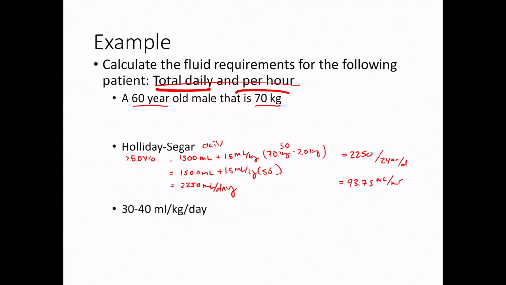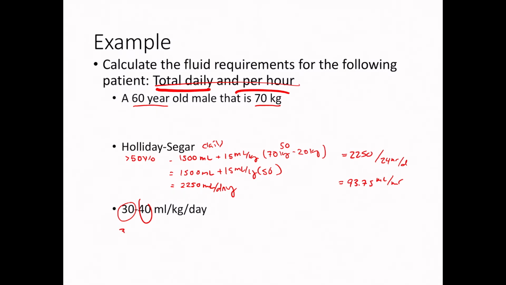Now, if I were to use the 30 to 40 milliliters per kilogram per day, in practice, I typically will either pick a middle value, do both of them and see what my range is, or pick a lower or higher value depending on some of those factors that I talked about before. For today, let's go ahead and do both. On an exam, I would tell you either use 30 or 40, but for our purposes today, let's just do both, just to keep practicing.